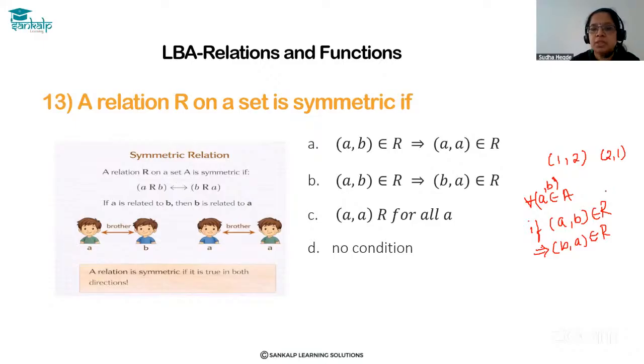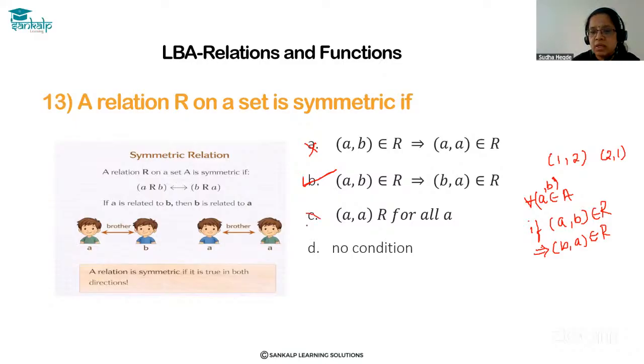Check the options. (a, b) belongs to R implies (a, a) belongs to R. It should be (b, a), so you can discard the first option. Second option, (a, b) belongs to R implies the reverse (b, a) belongs to R. That is the condition for symmetric, so option B is correct.